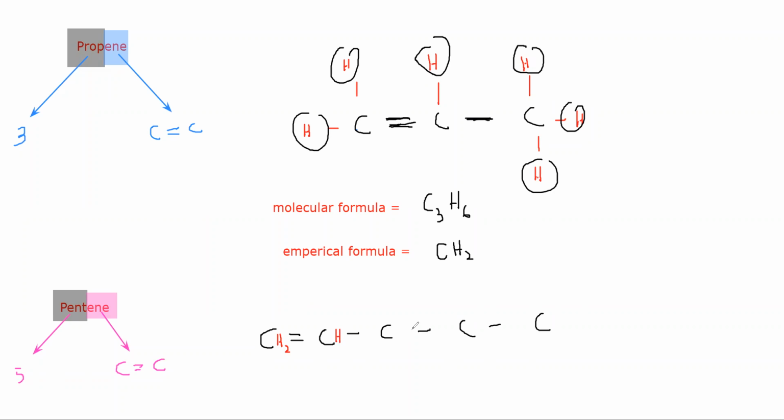What about the number of hydrogens attached to the third one? 2. Same thing, 2. And the last one, 3, because 1 bond is formed, so the remaining 3 are there. Is it clear? The number of hydrogens attached to each carbon?